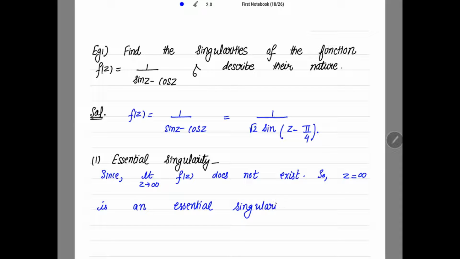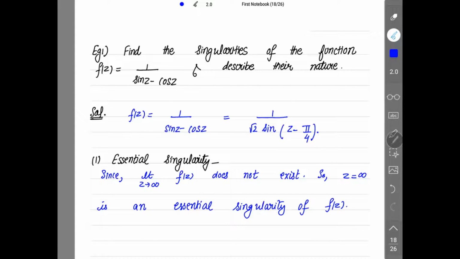Don't get confused if you are thinking of putting z equal to 0 over here, because for z equal to 0, the function will be sine of minus pi by 4, right? And we are having the value for sine of pi by 4. So the only value where the function does not exist is z equal to infinity. So this is my essential singularity of f(z).